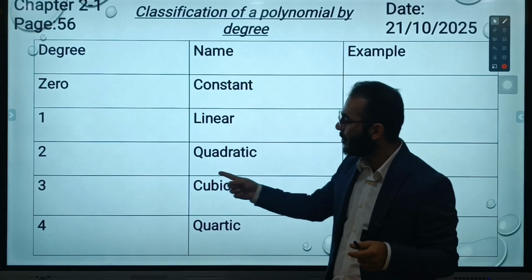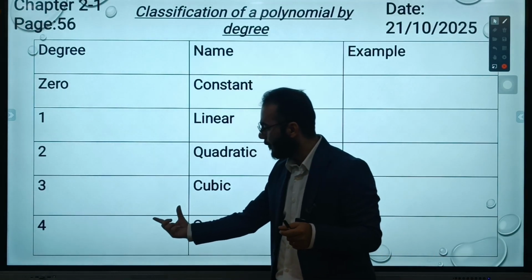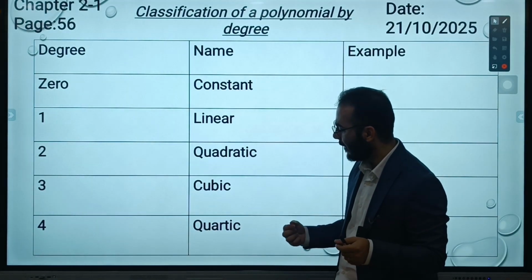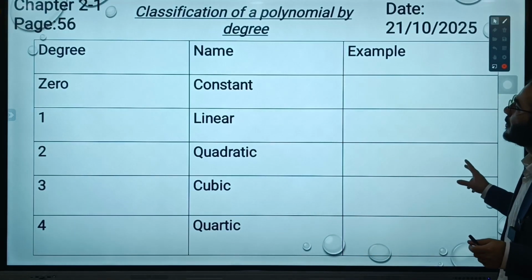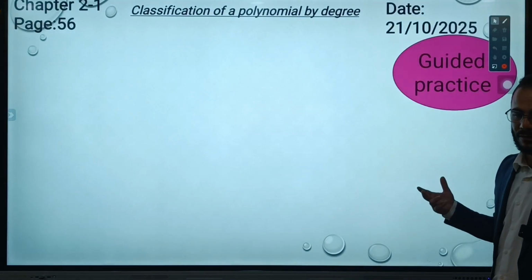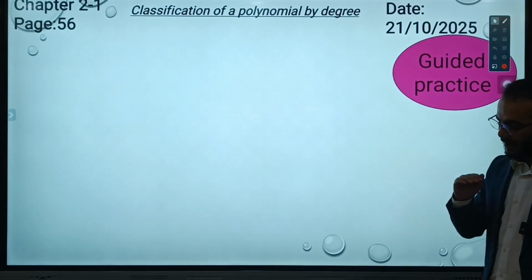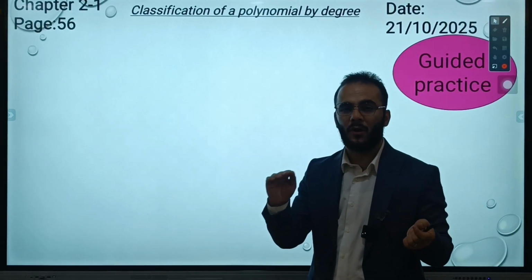When the degree is 3, it's called cubic. When the degree is 4, it's called quartic. You need them. Sometimes it might become a multiple choice question, where they give you a polynomial and ask what we call that polynomial.